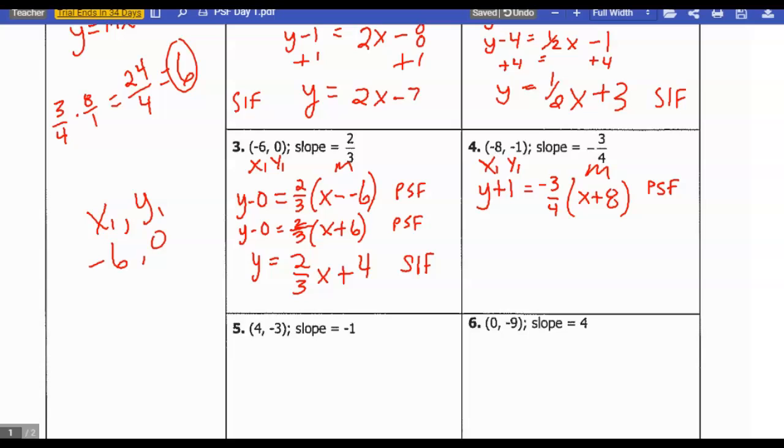And because there's a negative sign there, y plus 1 equals negative 3/4 x minus 6. And then I subtract 1 from both sides. Y equals negative 3/4 x minus 7.